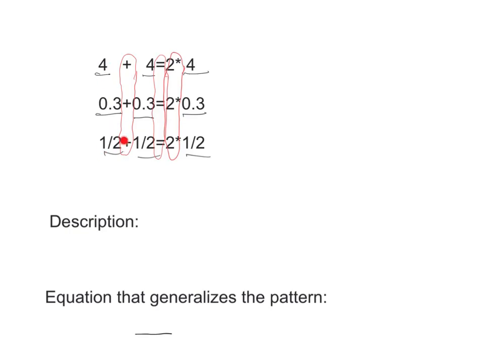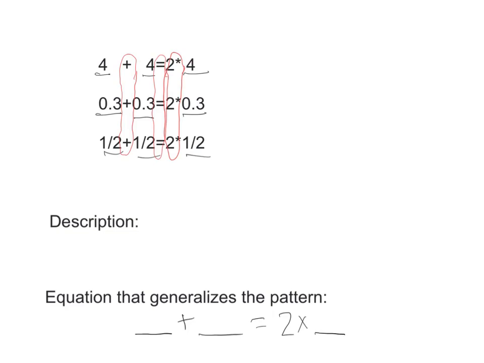So something, then here I have plus all the time, so I'm going to keep the plus. Then these numbers are different, so I will just write a line since I underlined them. Then I have equals, so I'll write an equals. Then all three have 2 times, so I will do 2 times. Then each of these are different, so I will just write a line, 2 times something.